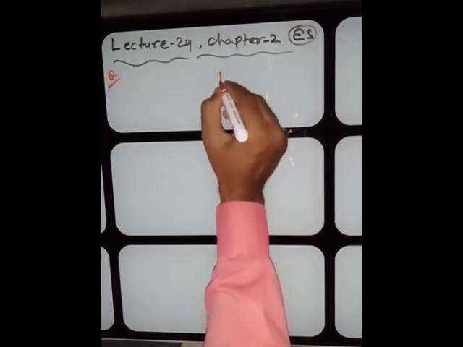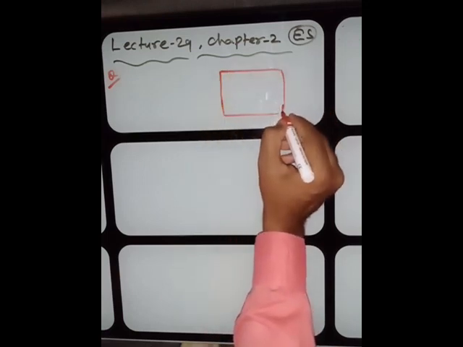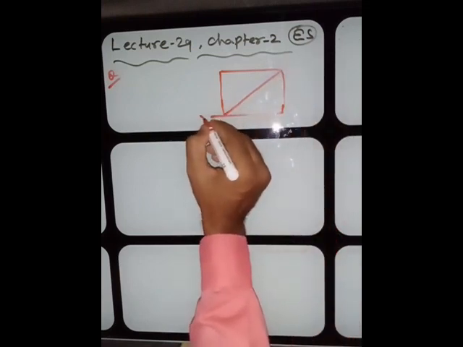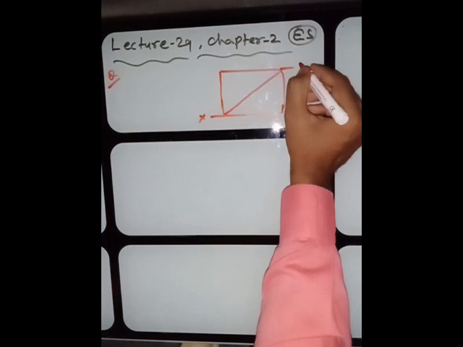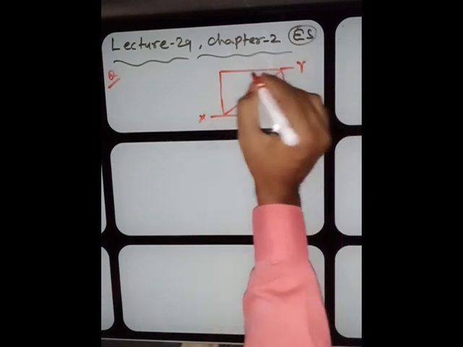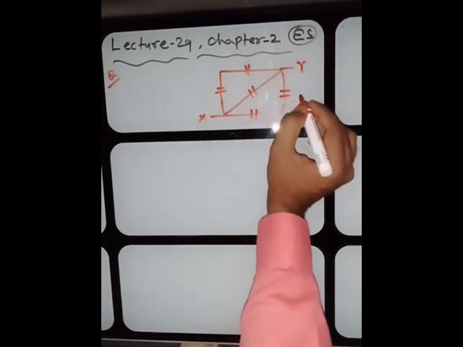You have to find, for this question, the equivalent capacitance between the terminals X and Y. My dear students, this is the terminal X and Y. The capacitors are connected here in this way.